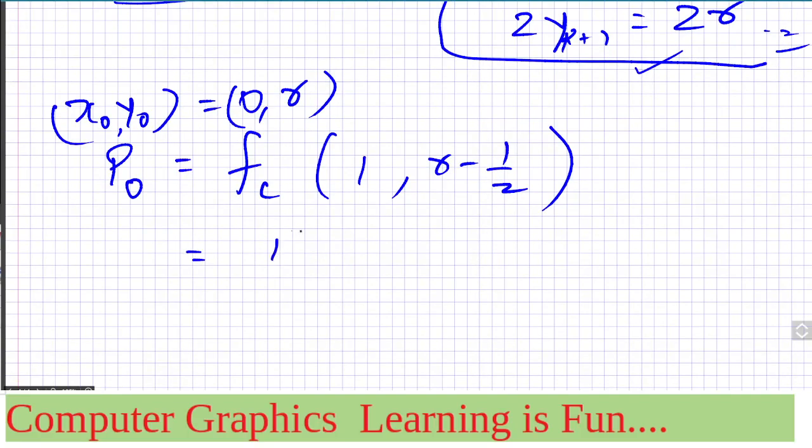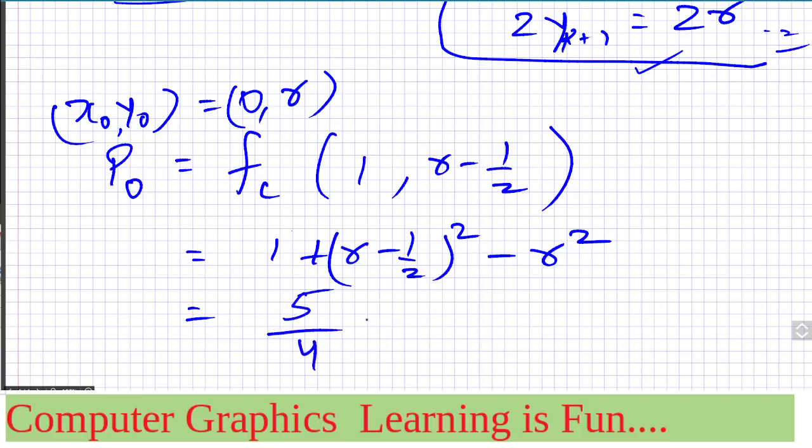Definitely 1 square is 1 plus r minus half square and minus r square, right? So from here you are getting plus r square minus r square, definitely 2r and half. You will calculate all these things and in last you will get 5 by 4 minus r. Okay, so this is your P naught.